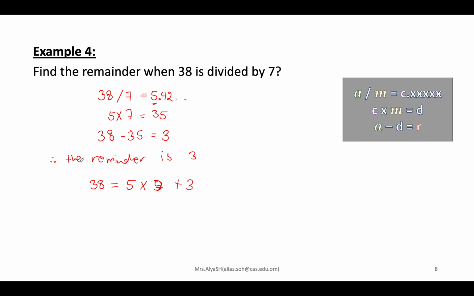And this equation means that 38 is congruent to 3 mod 7. So you see, from one question we got the steps, then the remainder, then the equation, and finally the relation.